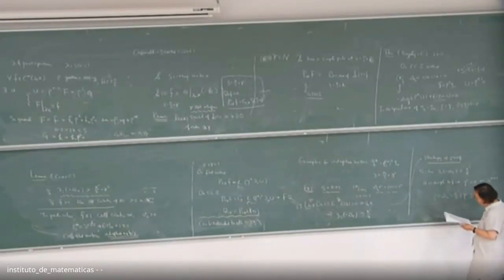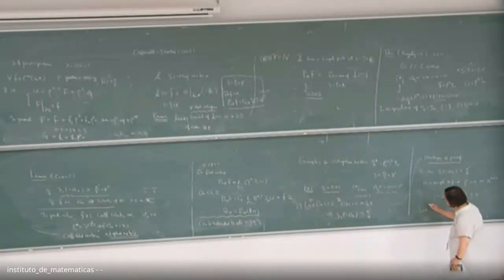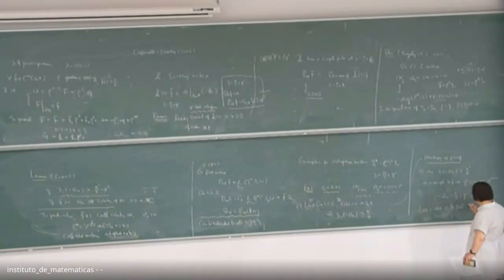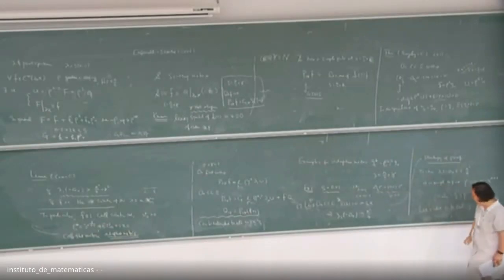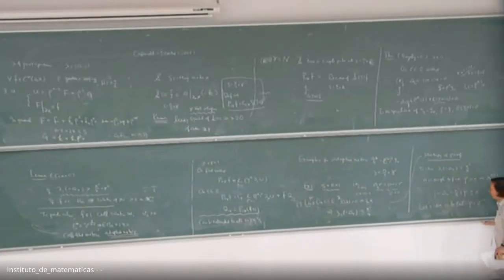But this strategy is to test phi equal to v to the minus alpha power. Suppose there is a solution v which has this property and v is positive. His idea is to test this.